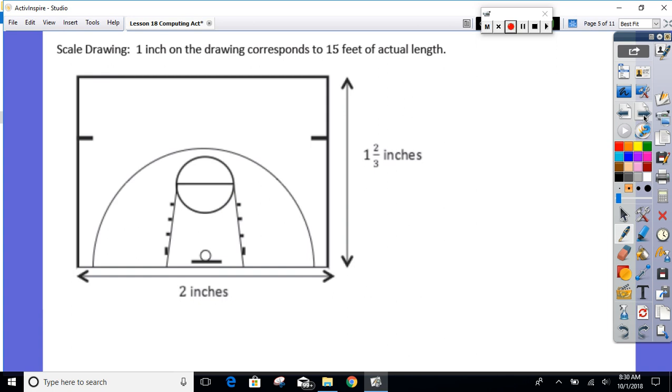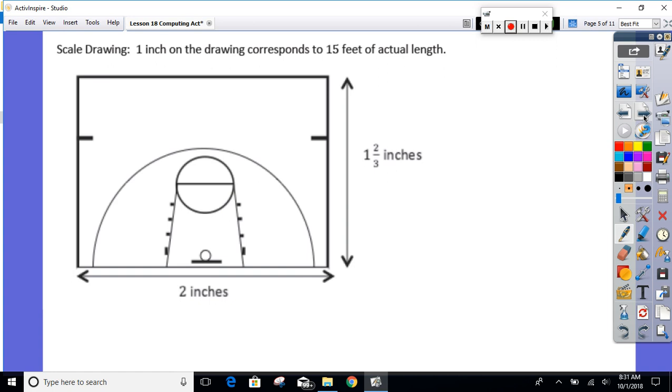Okay, and then we have here that this is a scale drawing, and it tells us that 1 inch on the drawing corresponds to 15 feet of actual length. So the units are not the same here because it's talking about 1 inch to 15 feet. However, we're not being asked to find a scale factor here. We're just trying to decide if it fits onto the property.